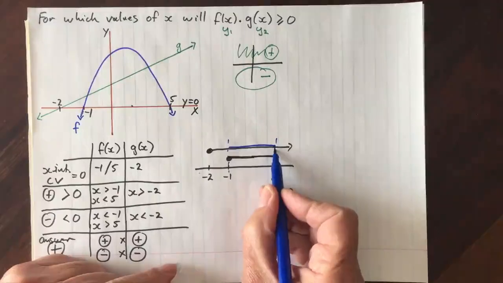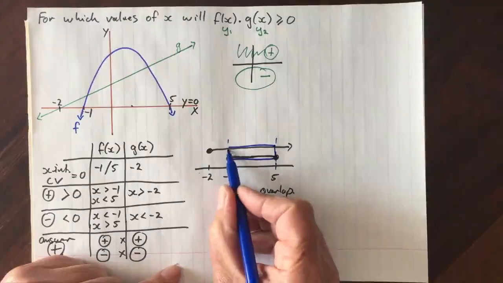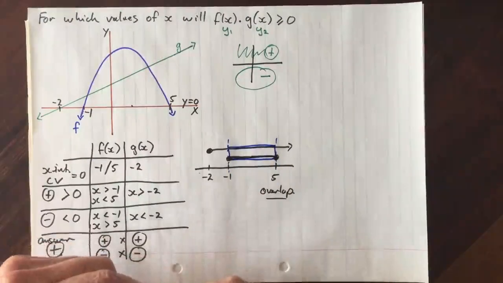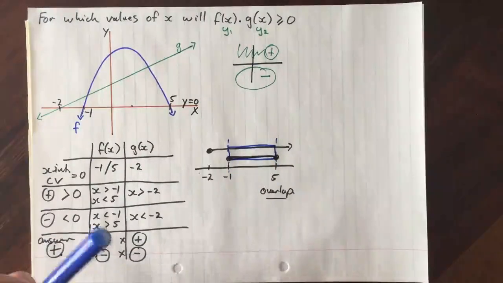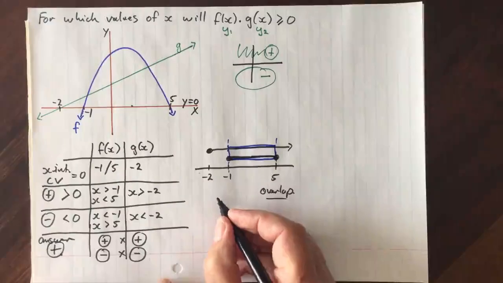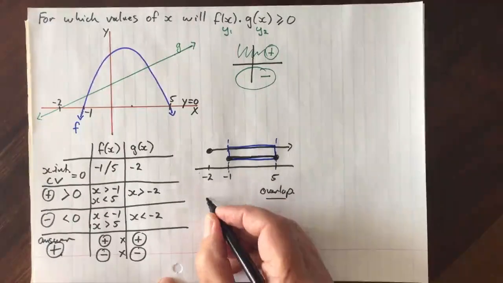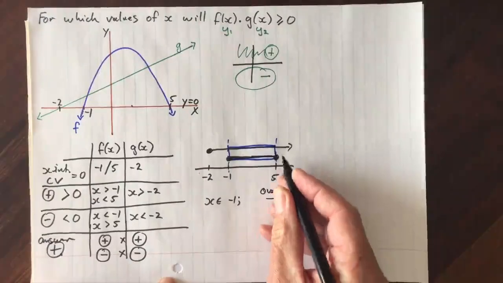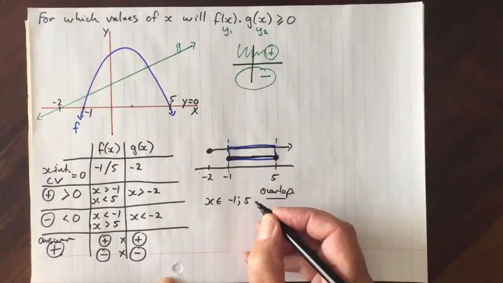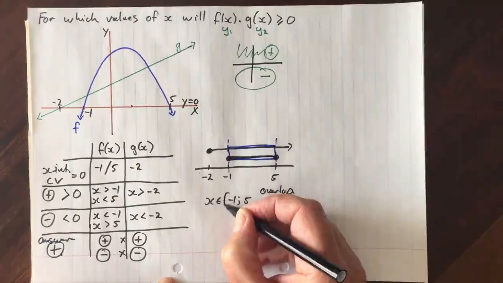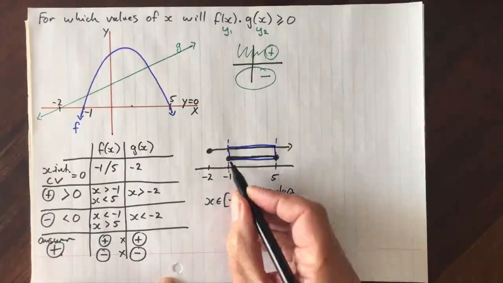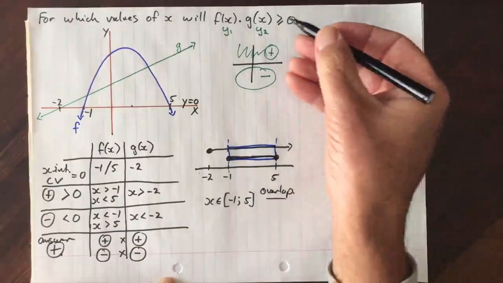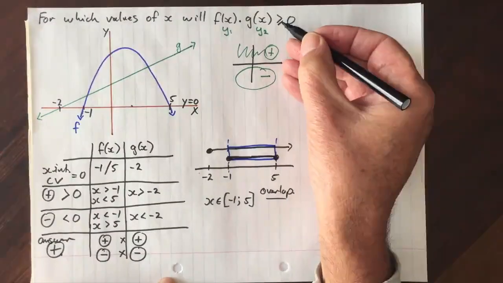There's my overlap. So let's write my x values. We can write x is an element from -1 to 5, and we're going to make use of square brackets, meaning we're including the -1 and 5 because we have an equal sign over there as well.